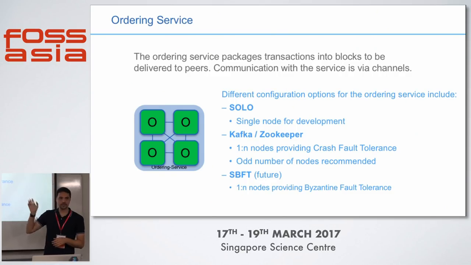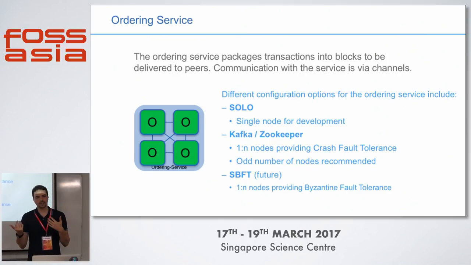There is a number of consensus algorithms that we use in the ordering service itself, because it itself creates like a small network. The first 2 are going to come with the first release. Solo is for development purposes, just one ordering server. Kafka, or Zookeeper, is going to be another one that basically allows to tolerate just the crash faults, and it's going to be part of the first release.